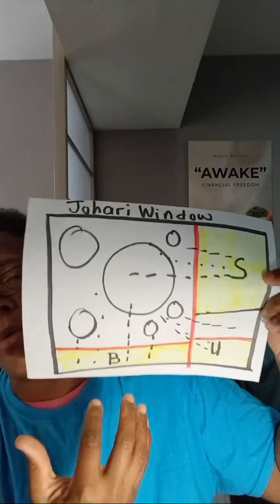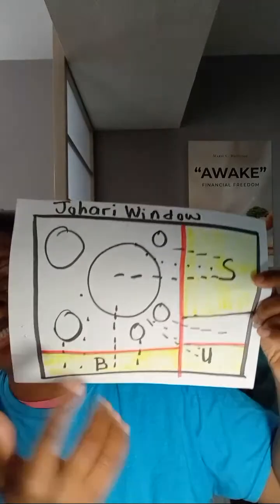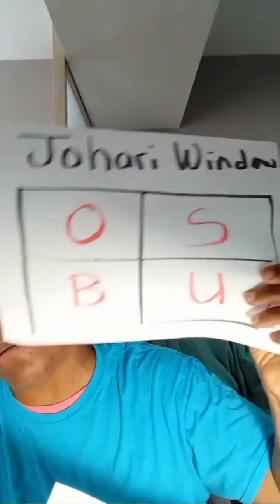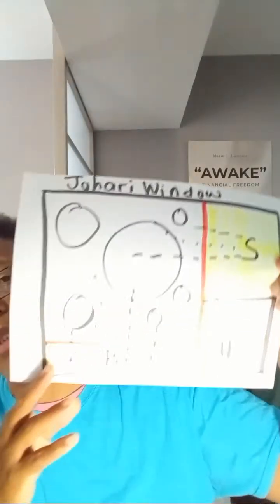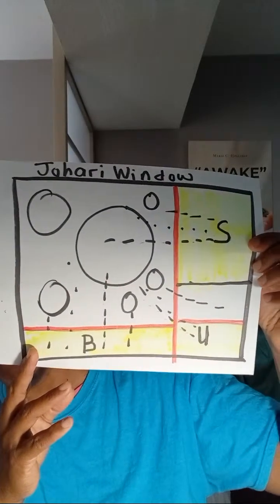The blind area becomes smaller, and it moves into the open. So in any healthy relationship, as you notice, the Johari Window started out looking like that, but it will gradually shift and move over time.